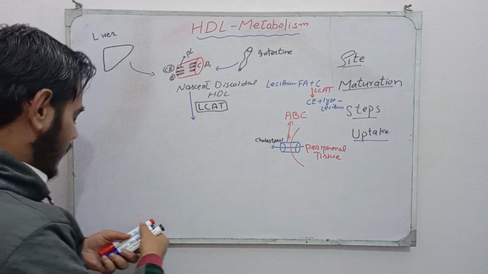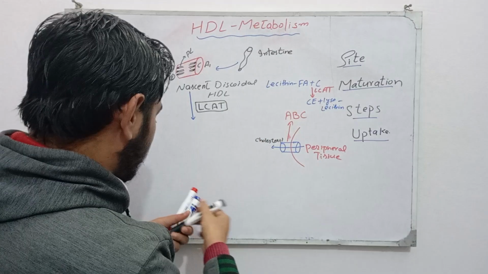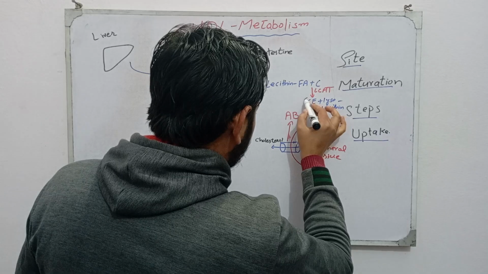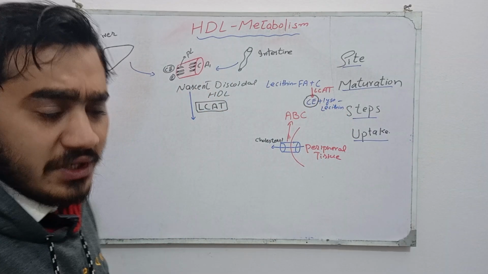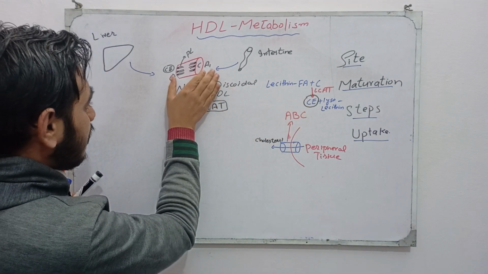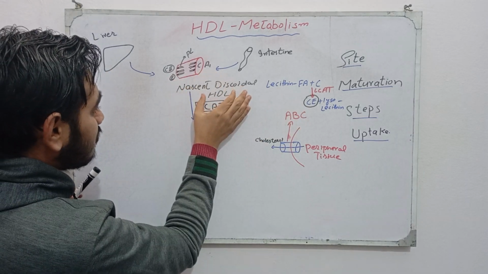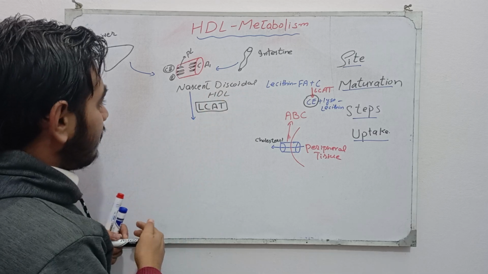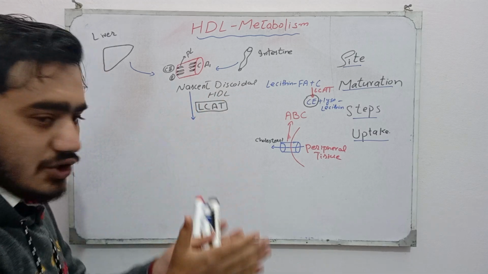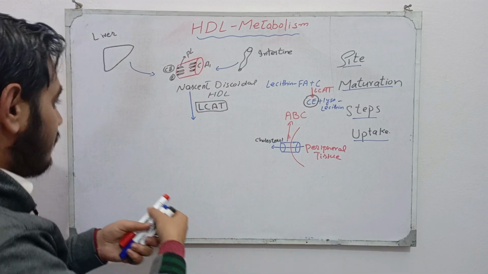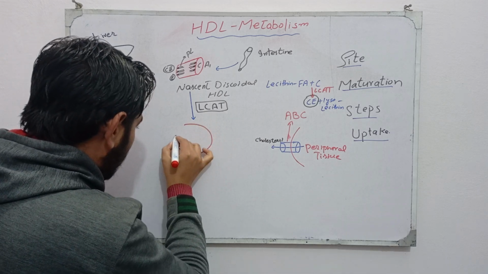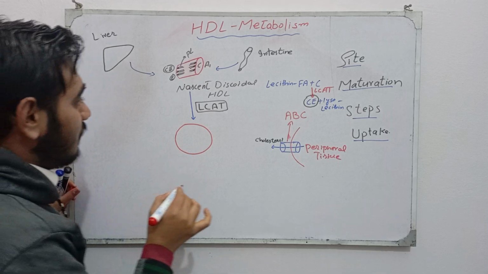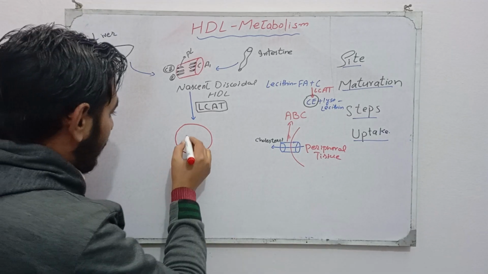Now, this cholesterol ester, being hydrophobic, gets attached to the inner part of the nascent discoidal HDL, and the shape converts into a spherical shape. Here, this is the spherical shape of HDL.